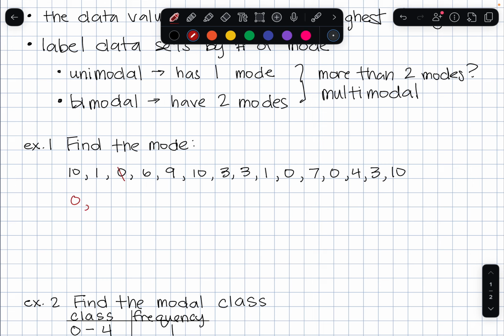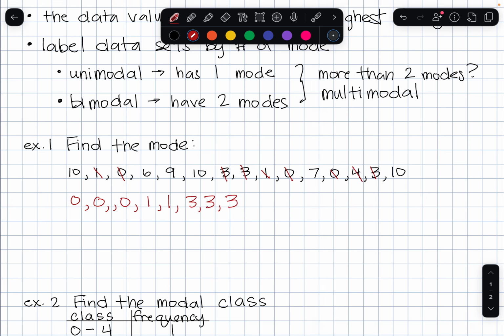And I have 1, 2, 3, and just 3 zeros. I'm going to repeat this process of scanning for the next smallest number that's left. And I see a 1 and another 1. Next smallest are 3s, and I see 1, 2, 3 3s.